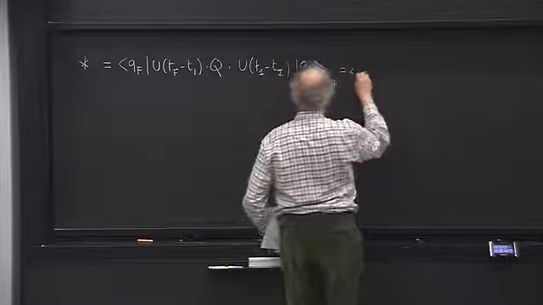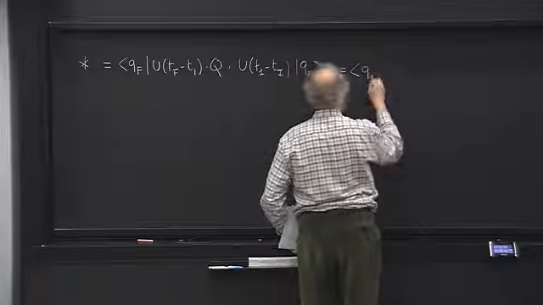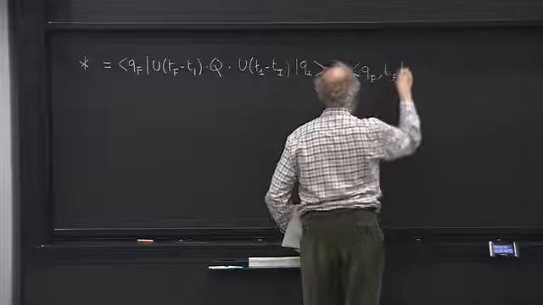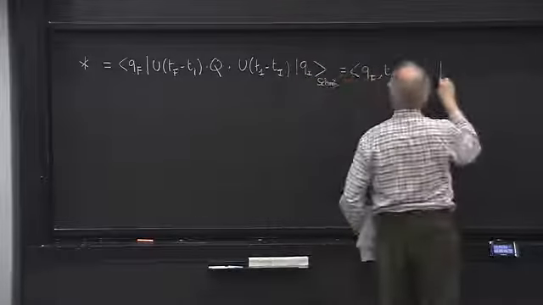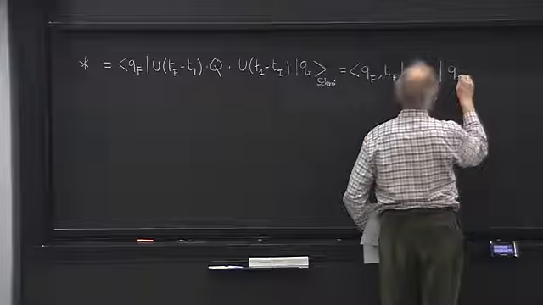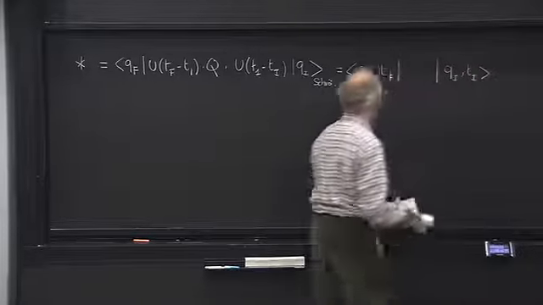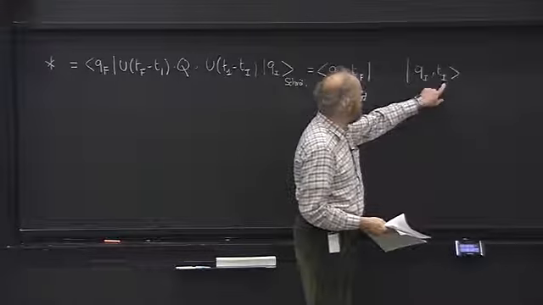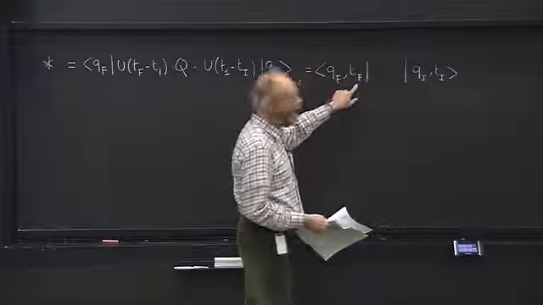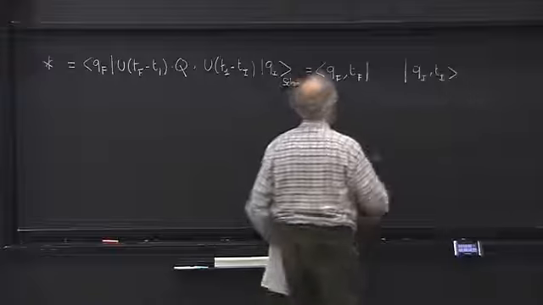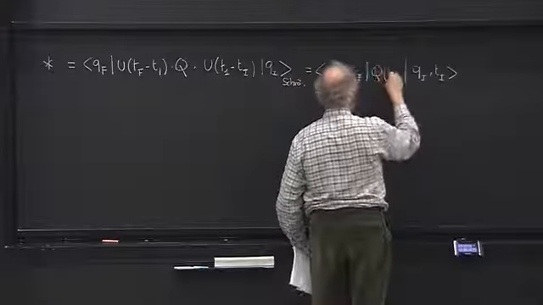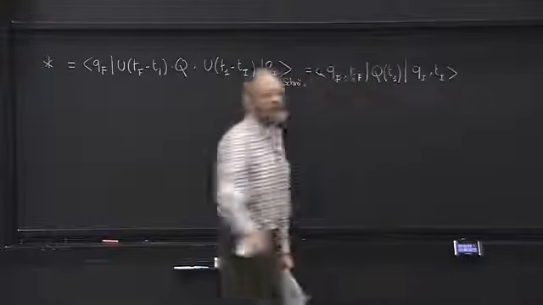This is nothing but the matrix element between the states Q initial at time initial and Q final at time final of the operator Q at time T1.